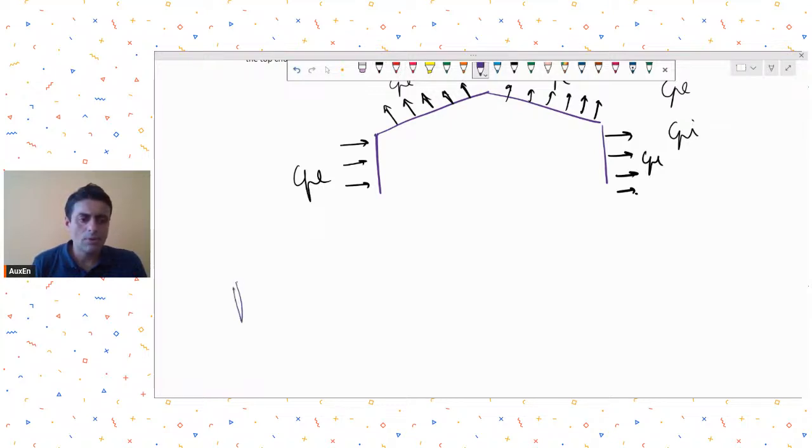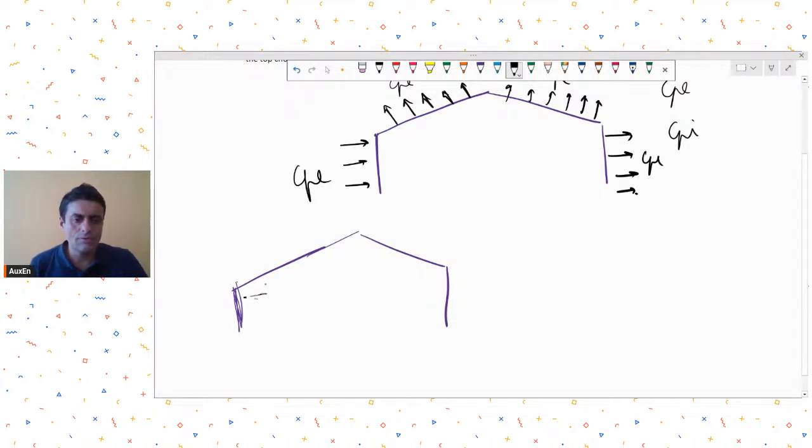You have to consider both possibilities, and that is, once you should consider all the internal pressure coefficients acting towards the wall or roof, everything towards.